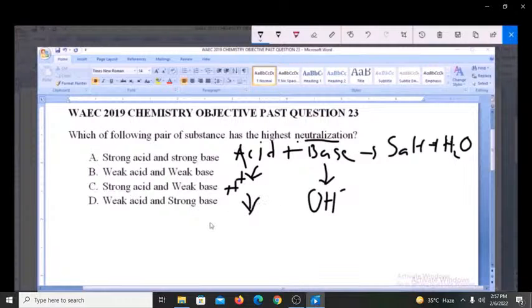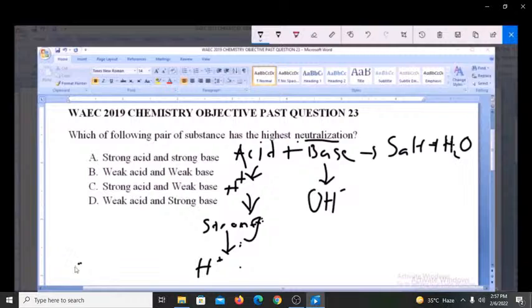A strong acid dissociates completely to yield hydrogen ions.